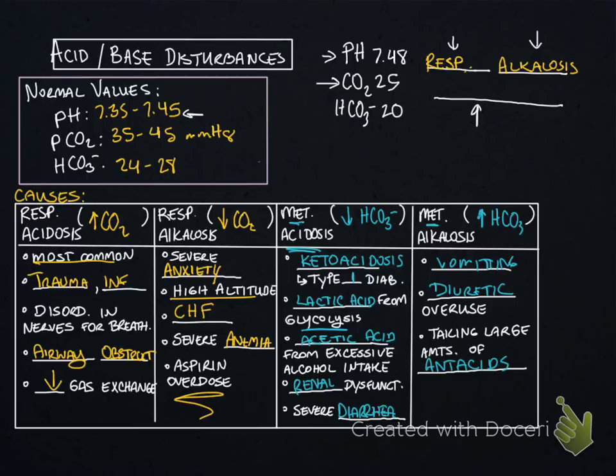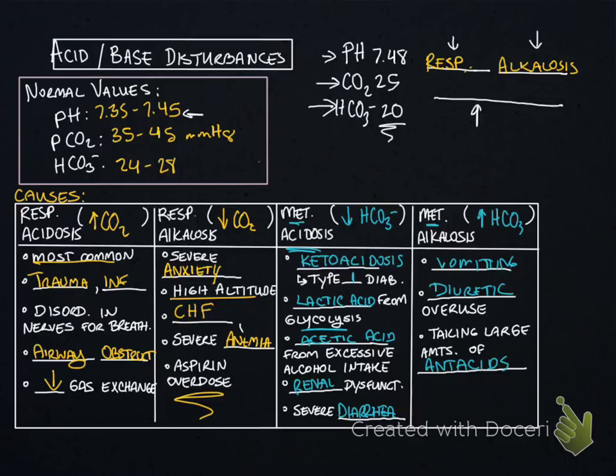You just look at your bicarbonate. If it is normal, then there is no compensation. If it is not normal, then there is compensation. Maybe write that down. If you have a normal value, there is no compensation.